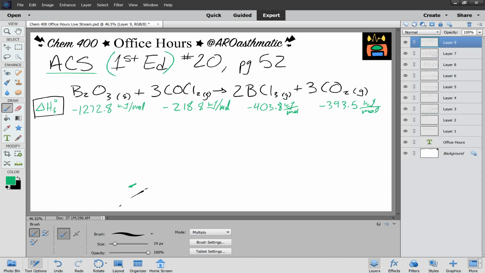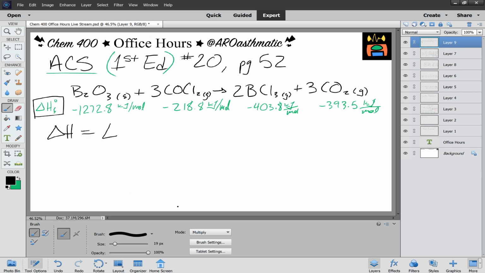All right, and the way you work these problems is, remember, if we're talking about delta H, delta is always final minus initial, right?